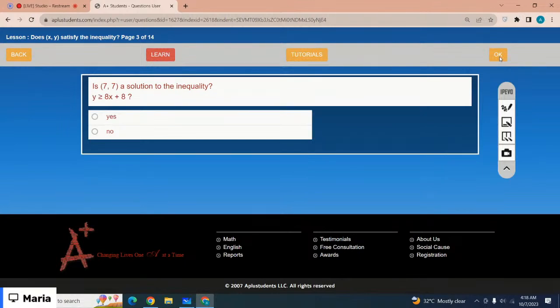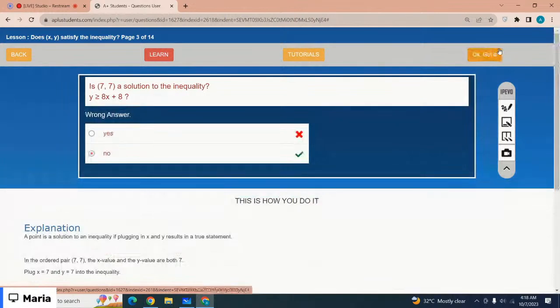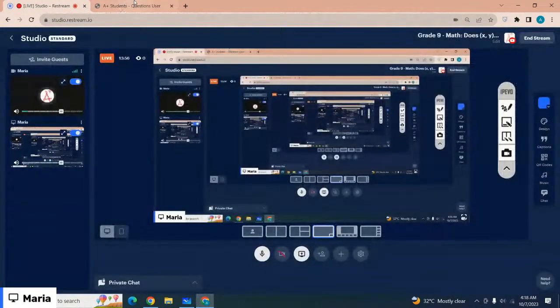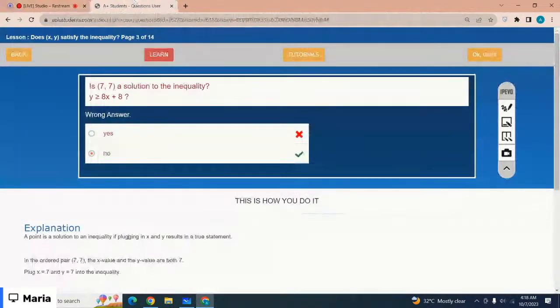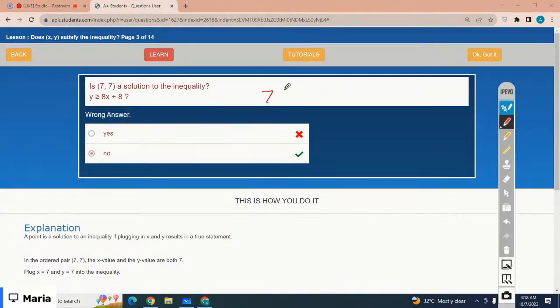Oh, hold on, let me just check. 7 is greater than or equal to 8 times 7 plus 8. 8 times 7 is 56, plus 8 is 64. So 7 is not greater than 64. The correct option is no, right? So it is no, sorry.